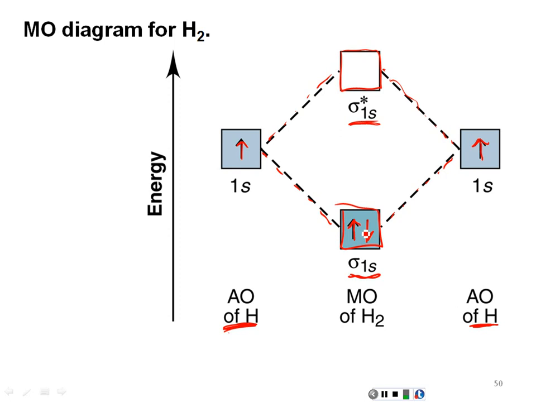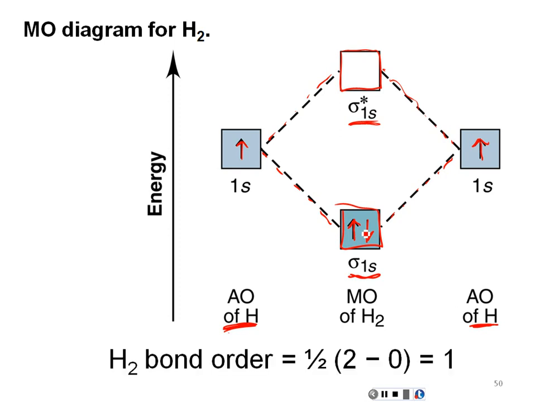So this would be the final molecular orbital diagram for H2. The bond order would be calculated as 1/2 times (2 minus 0), because we have 2 bonding electrons and no anti-bonding electrons. So we get a bond order of 1.